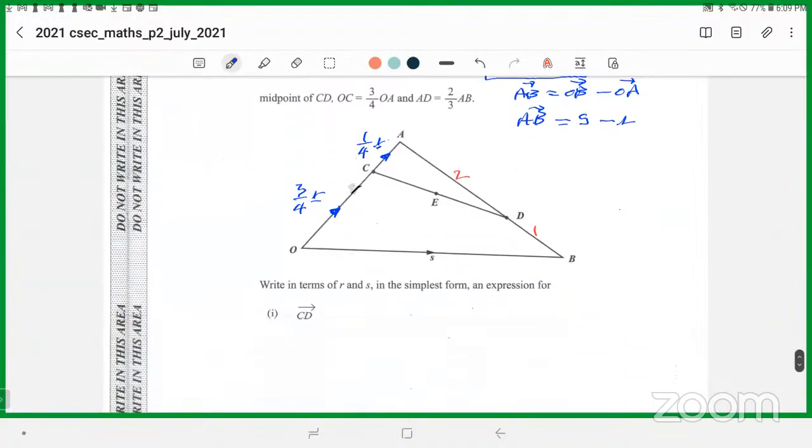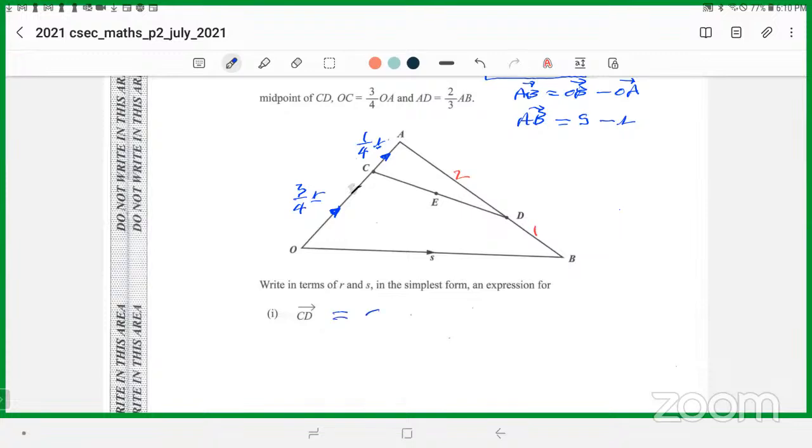Down here, they want us to calculate CD. Look at the diagram and tell me how to go from C to D. We now know this whole vector down here, so it's 2/3. How do we go from C to D? Sir, along the vector, we'll go from CA and then AD.